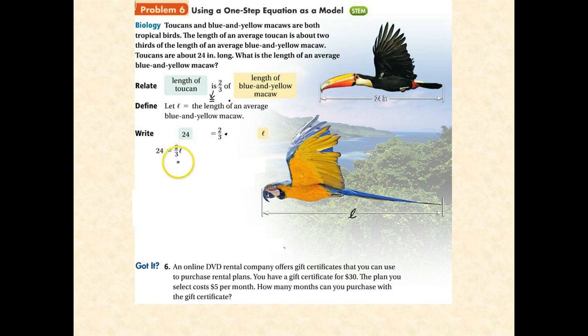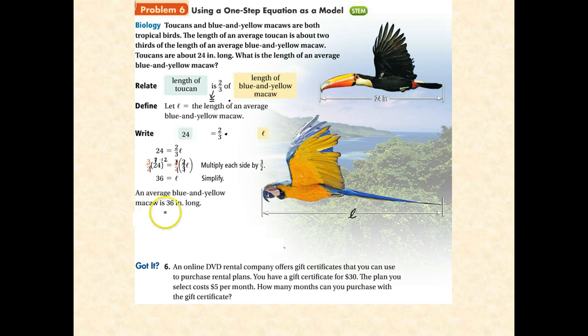Then we just have to solve that. We have L times 2/3, so we can multiply by the reciprocal of 2/3, which is 3/2. These are going to cancel. And then, let's see, 24 is 2 times 12. That 2 is going to cancel that 2, and 3 times 12 is 36.